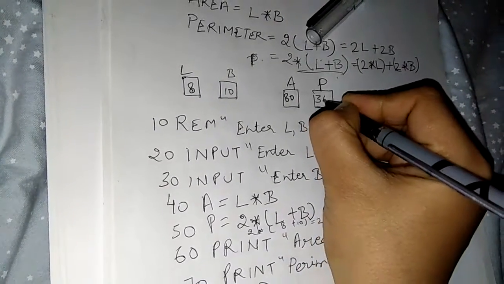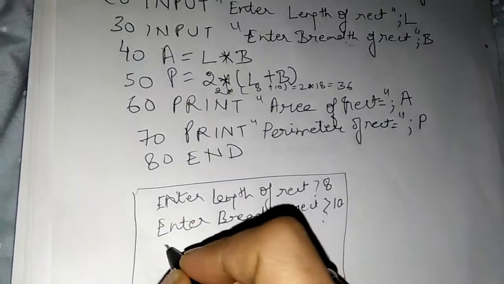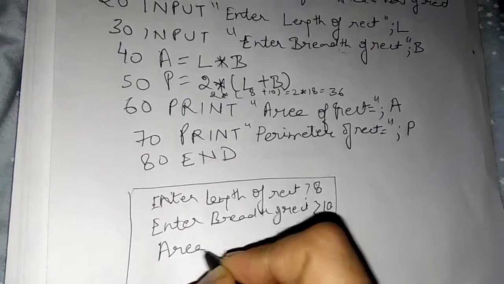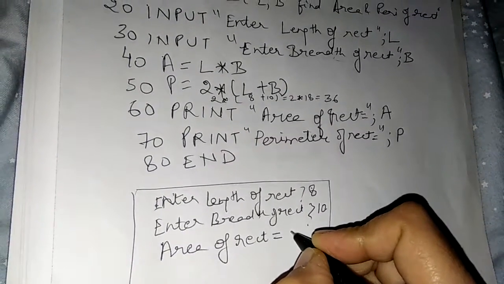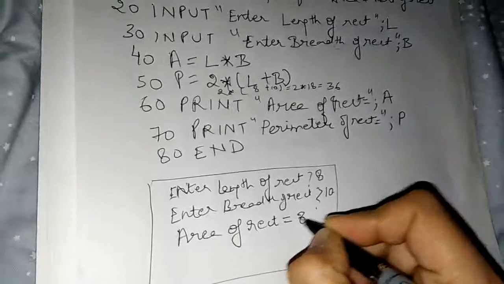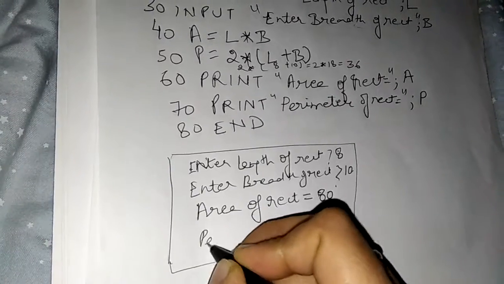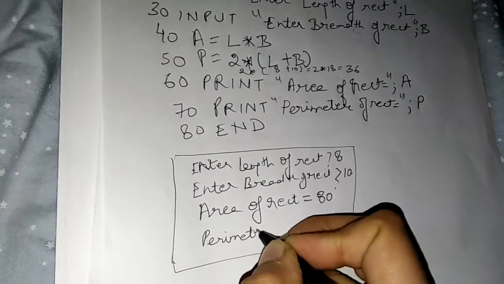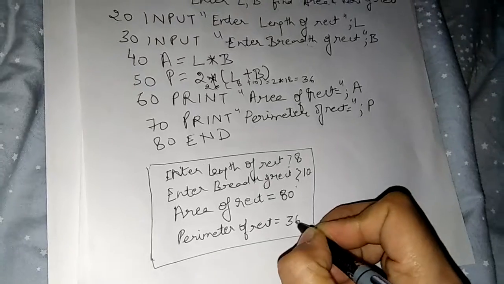This will have 36. Okay, processing done. Now the output. Area of rectangle is equal to 80. Perimeter of rectangle equal to 36. This is the end of your program.